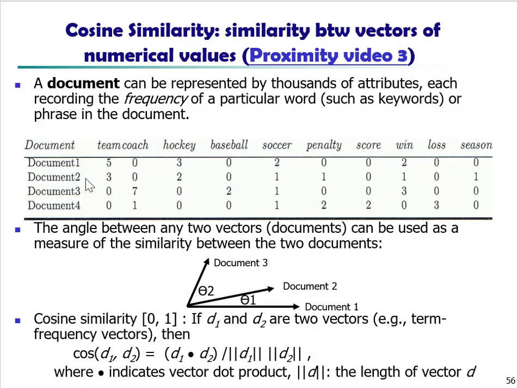Document 2 has a different distribution of those terms. In our data structure to represent documents, we have documents in the rows and all the terms that occurred in this corpus of documents on the columns. Those terms are called the vocabulary of this corpus.